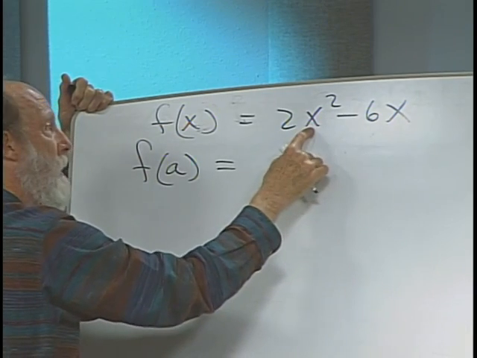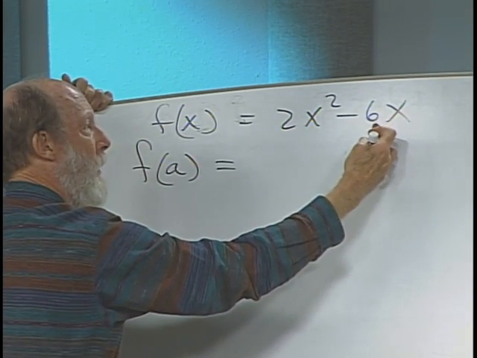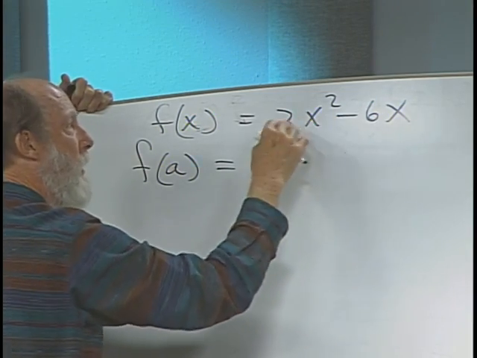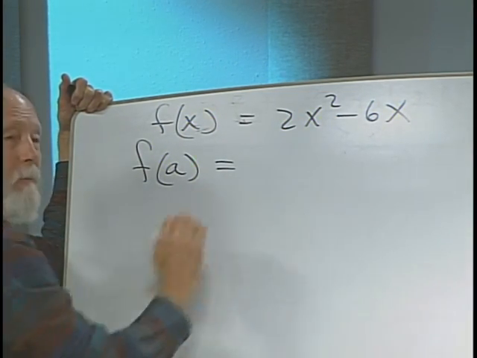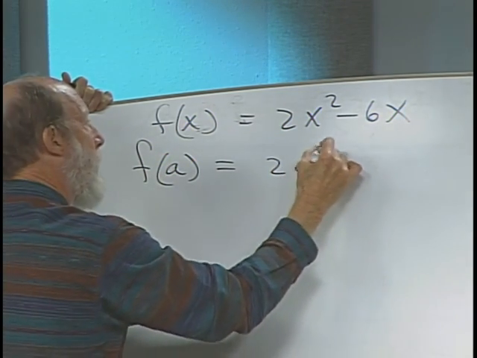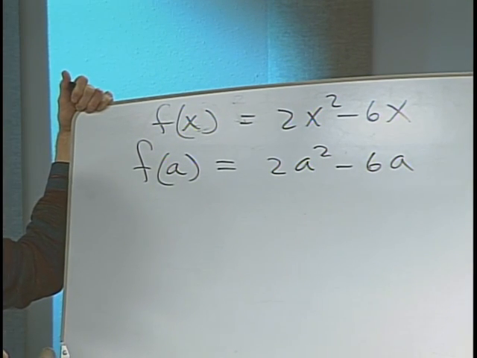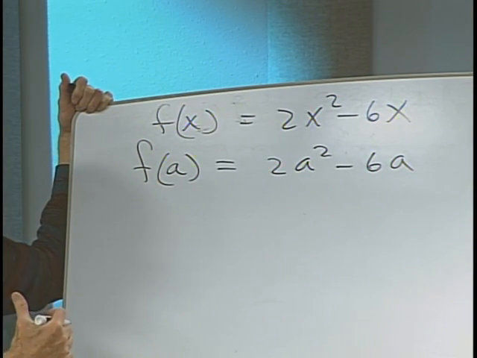So you square the input, you multiply it times 2, and then you take the input times 6 and subtract that from the front end term, right? So if you replace the input with a, you're going to get 2a squared minus 6a. And we did it earlier with a couple of numbers, didn't we?